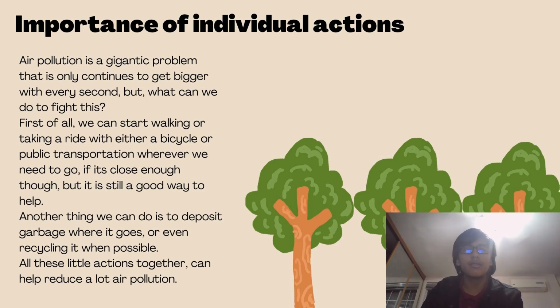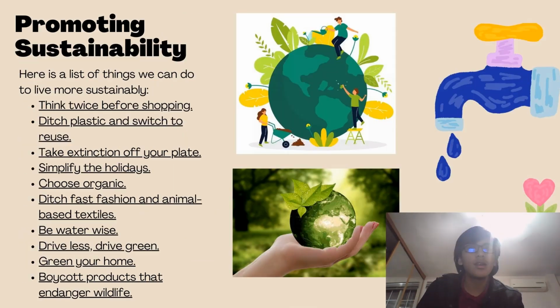Another thing we can do is to deposit garbage where it goes, or even recycle it when possible. All these little actions together can help reduce air pollution a lot. And for promoting sustainability, here are some options to maintain a sustainable life.